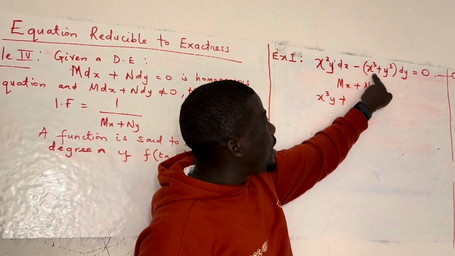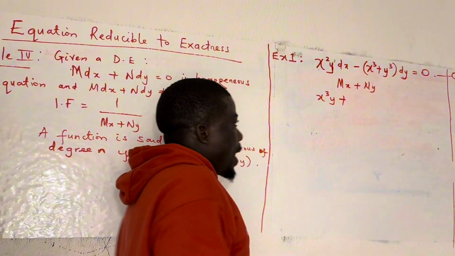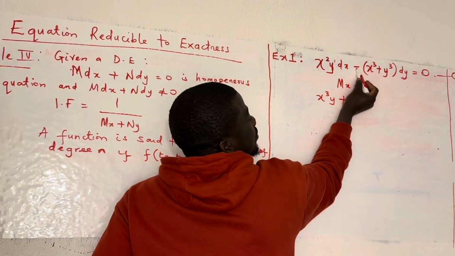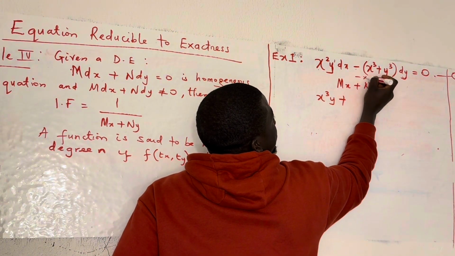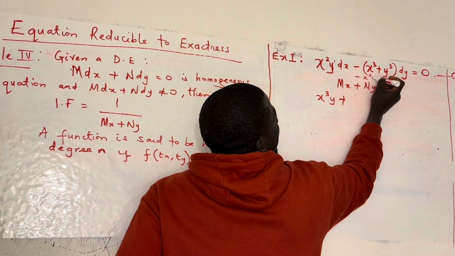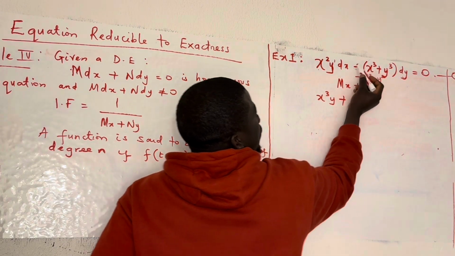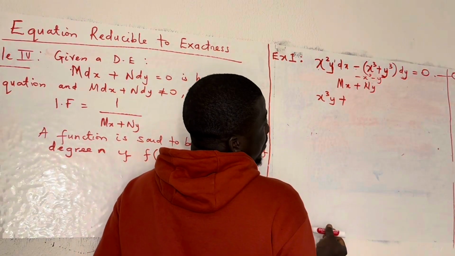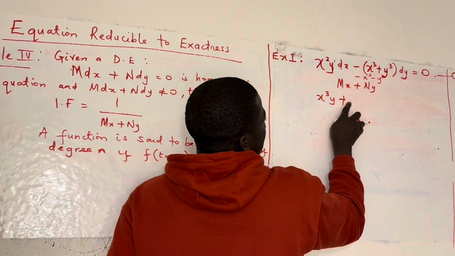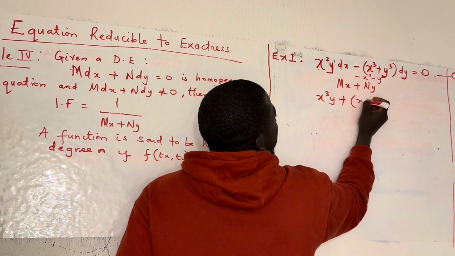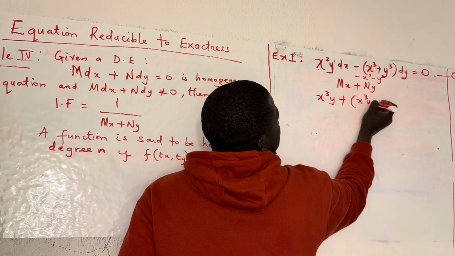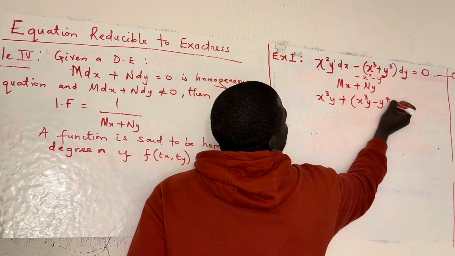We have N here. Multiply the whole of N by y. Don't forget, because of this negative sign, we have minus (x cubed plus y cubed). Multiply that by y. We have x cubed y minus y raised to power 4.